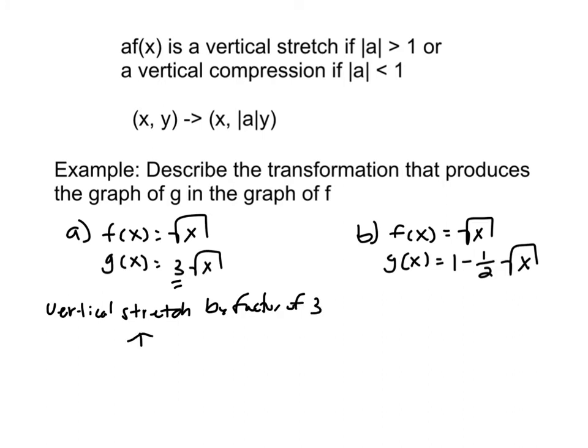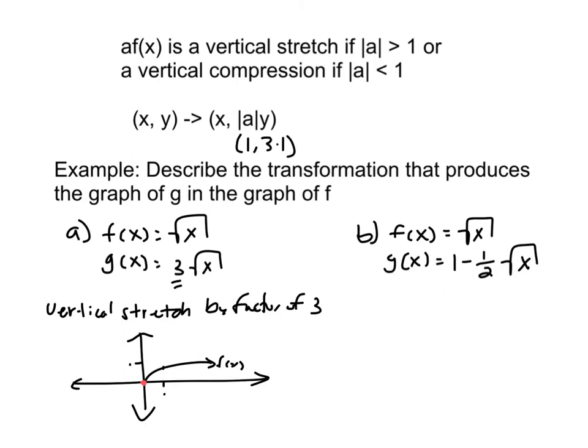And then if I were to draw this, this is what f of x looks like. And then g of x, so it's a vertical stretch by a factor of 3. I'm still going to have this 0, 0 here. Where this point used to be 1, 1, now it's going to be 1 and then 3 times 1.